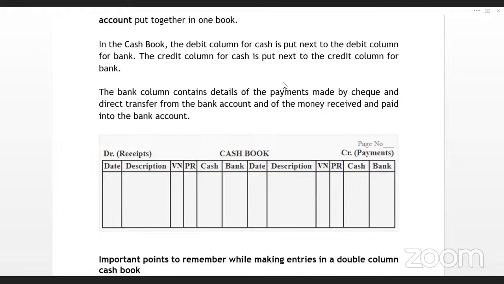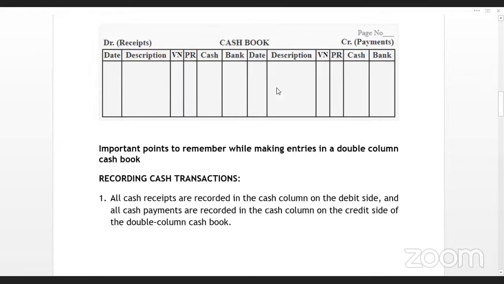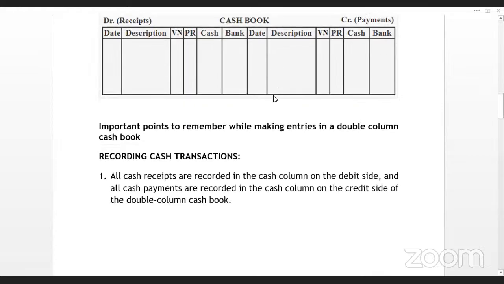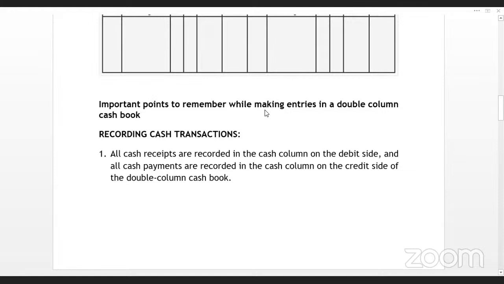So that is the two-column cash book, the receipt side and the payment side. Now we have some important points to remember while making entries in a two-column cash book, or what we call a double-column cash book.